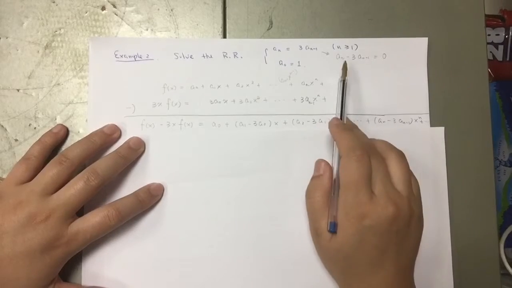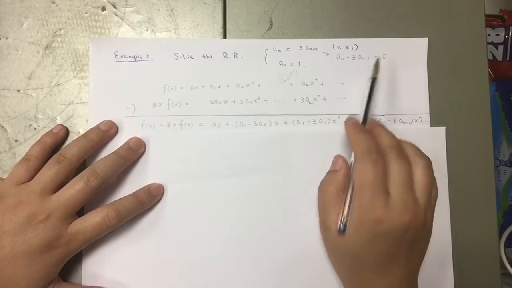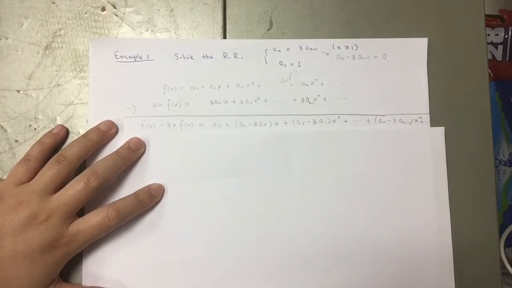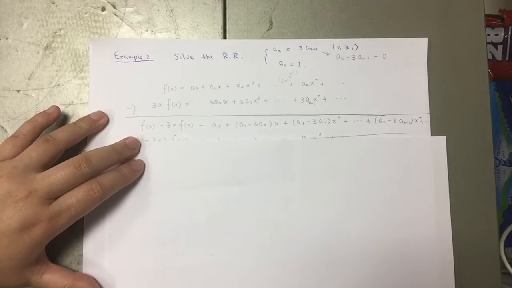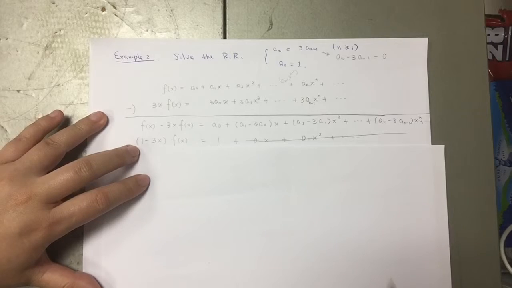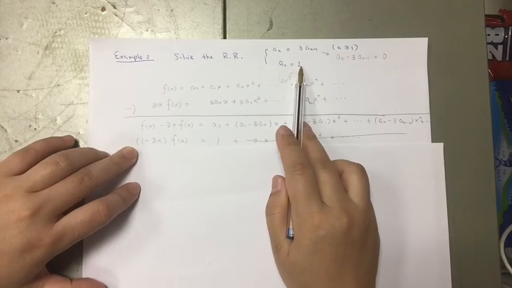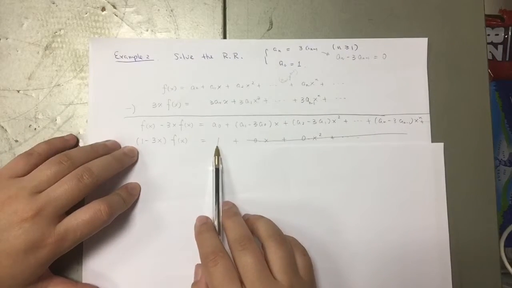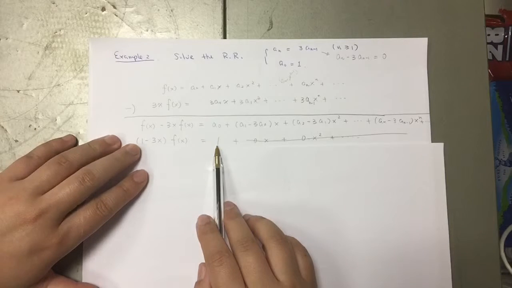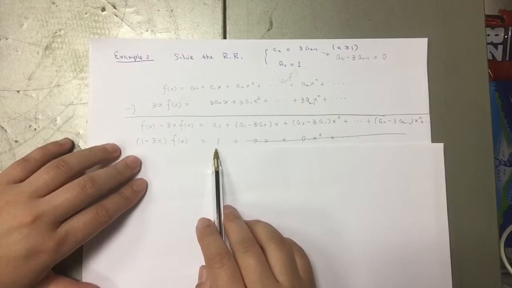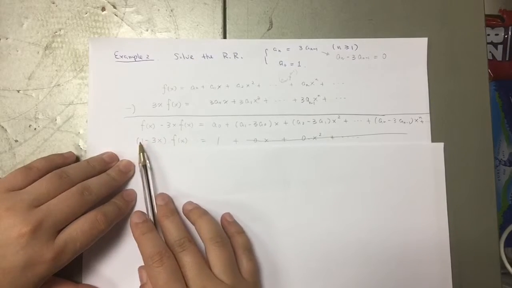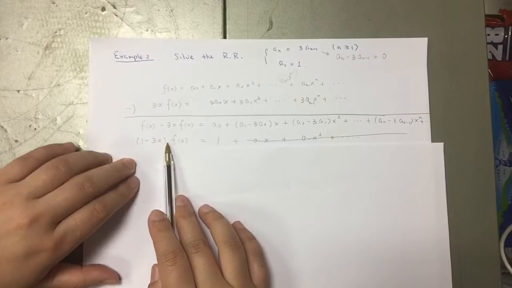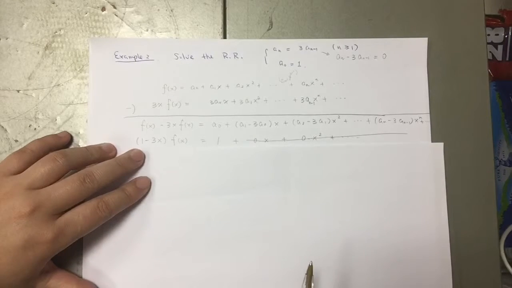So according to the recurrence relation, each of these coefficients is zero, which makes it quite simple for our right-hand side. Also a_0 is given as 1, so I'm going to substitute it right here. My right-hand side is now just as simple as 1. And on the left-hand side, again, if we pull out f(x), it's 1 minus 3x in front. Now we can solve for f(x).